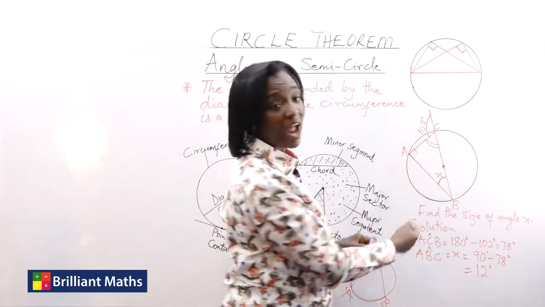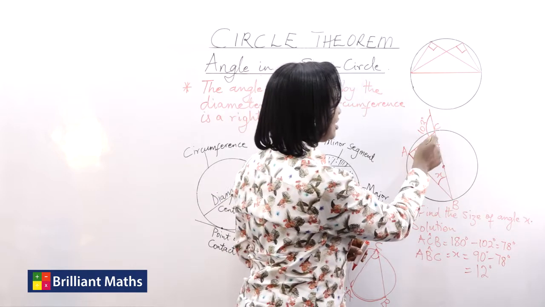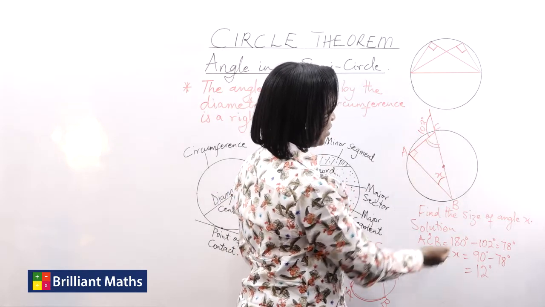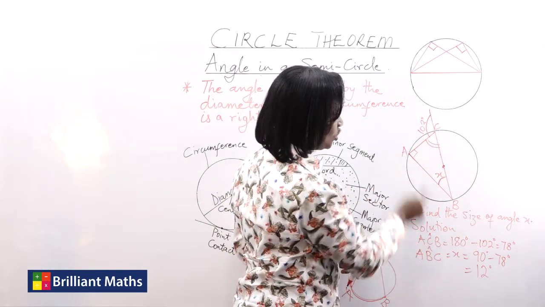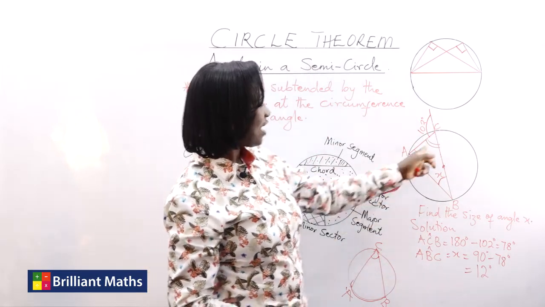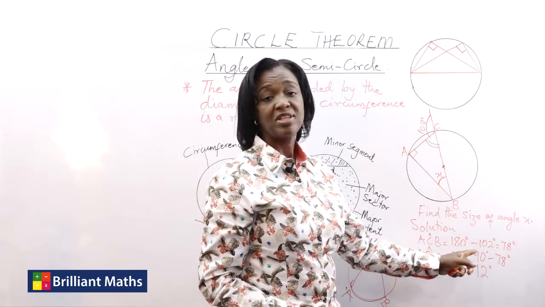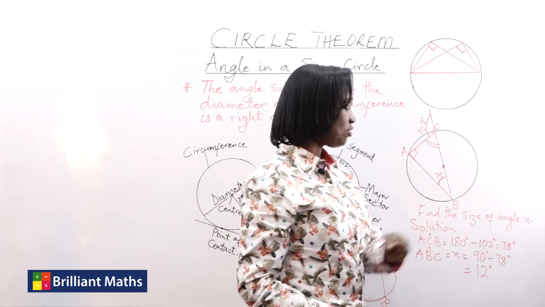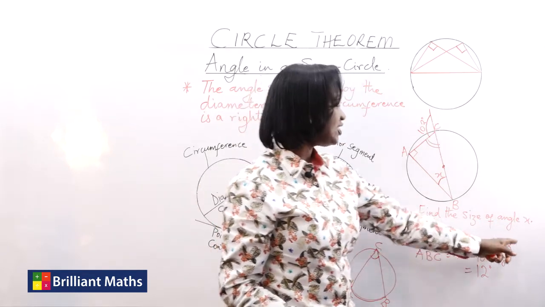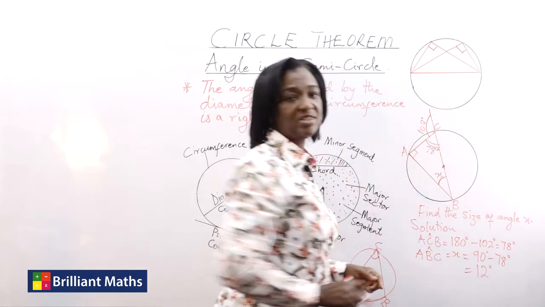ACB is on a straight line with angle 102 degrees. To find the angle at C, we simply subtract 102 degrees from 180 degrees. So angle ACB is 180 degrees minus 102 degrees, which gives us 78 degrees. So this angle is 78 degrees.